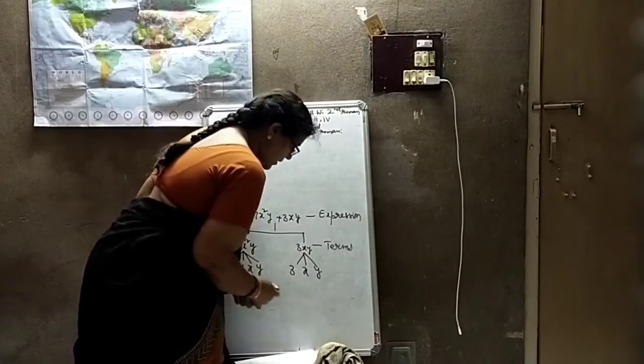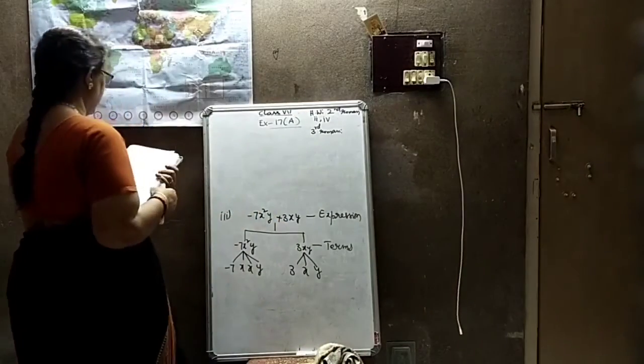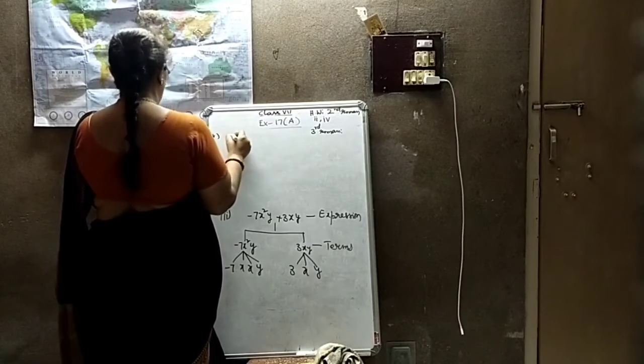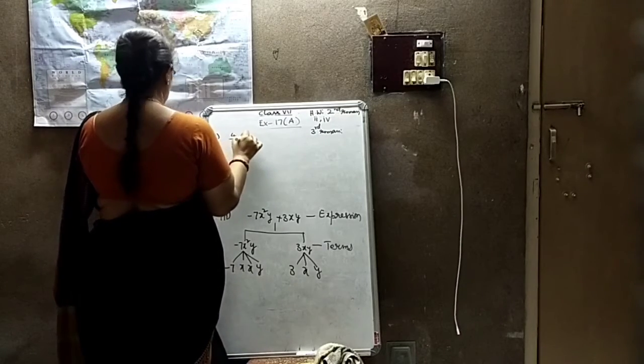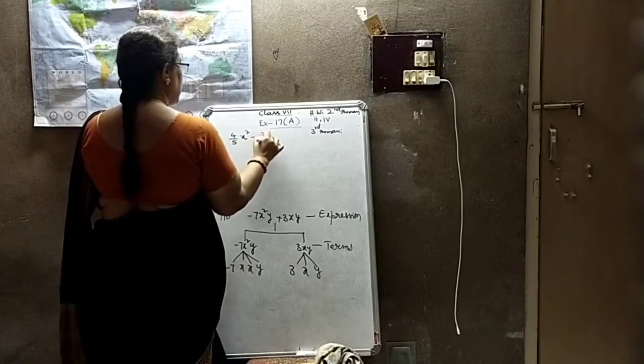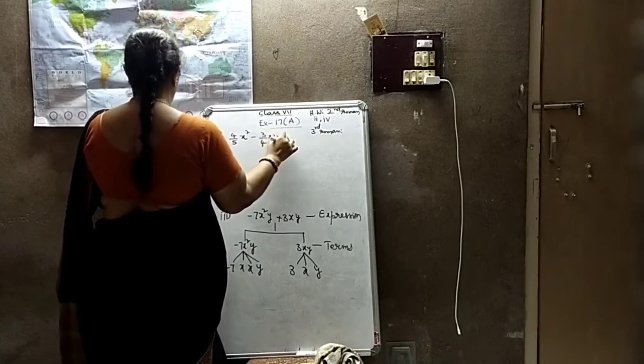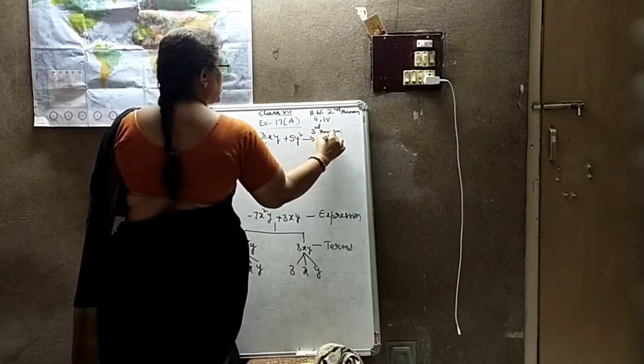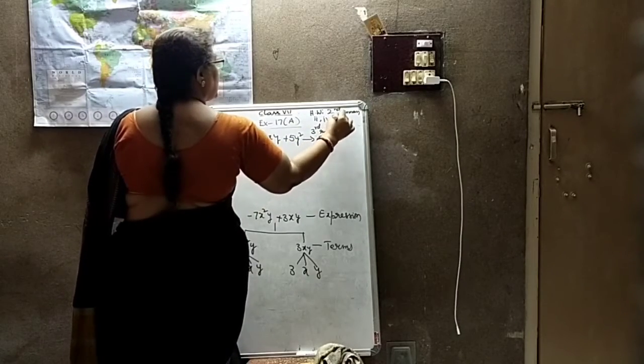Fourth is a little bit big one. The fourth I gave both to you: 4 by 5 x square minus 3 by 4 xy plus 5 by 6 y square. Expression. And sixth also you.